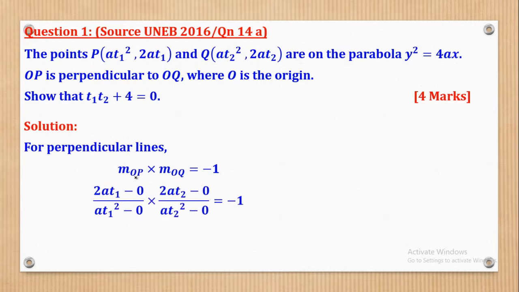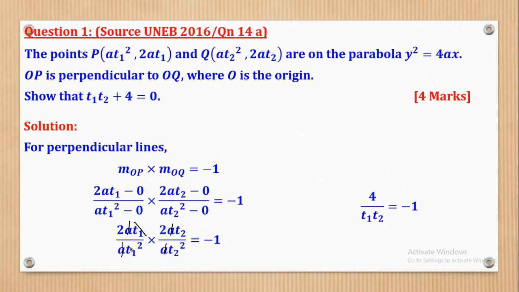So when I use the points OP, I'll come up with this change in y over change in x, and using points OQ, I'll come up with this change in y over change in x. The product of those gradients will be equal to -1. Now when I simplify, this is that and this is this. Then you realize that this a cancels with this a, and this a cancels with this a.